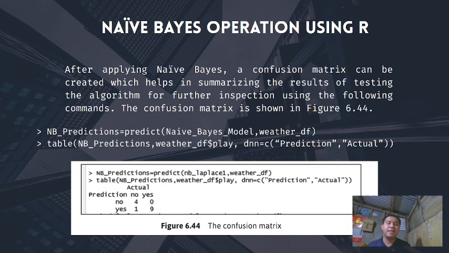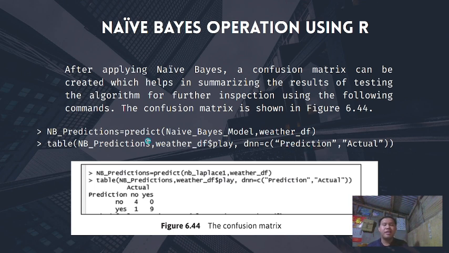After applying the naive Bayes, we can create a confusion matrix which would help us in summarizing the result of testing the algorithm for further inspection using the following commands. We have nb_predictions equals predict(naive_Bayes_model, weather_df).